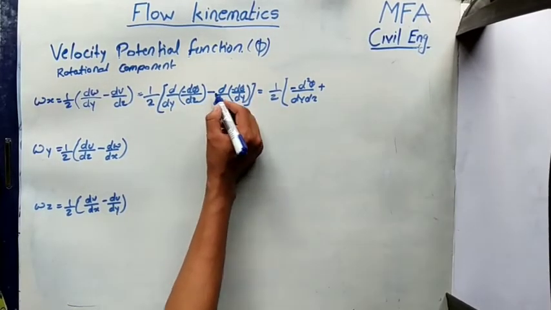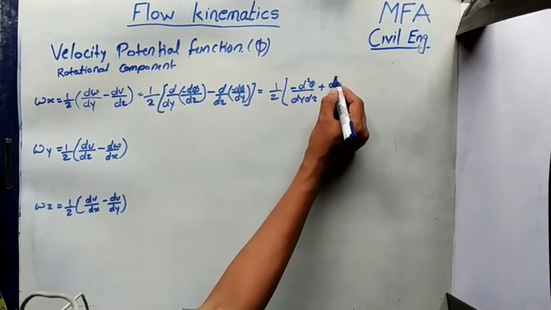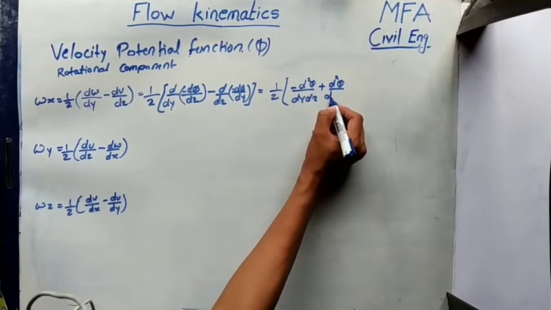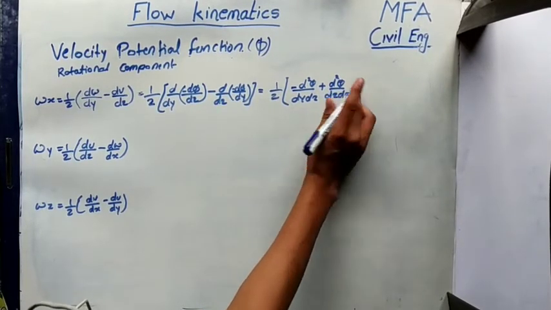This minus and this minus become plus d2 phi by dz dy.